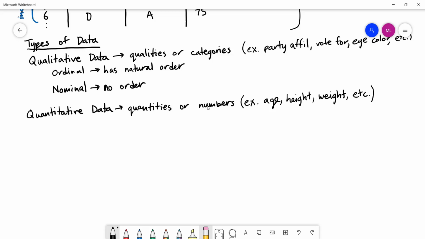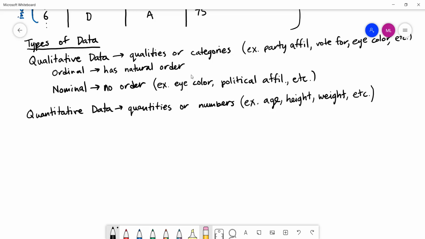So the ones that we've looked at, things like eye color, it's not best to have brown eyes, then green eyes, then blue eyes, right? There's no agreed upon order in that case. So most of these that we just looked at all fall into the category of nominal data. So eye color, again, political affiliation, etc. There's no natural order.